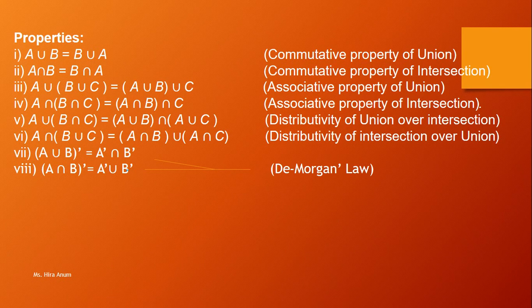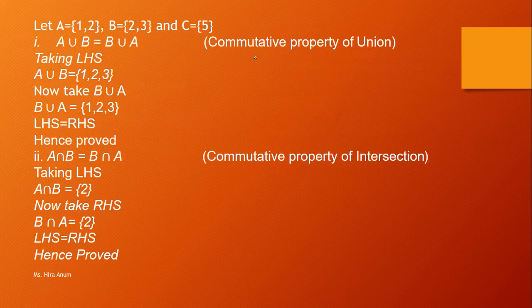You have some properties, some formulas. You have to know these formulas. Remember these properties. Commutative property of union: in this you take the union of this and this. We are using these sets.